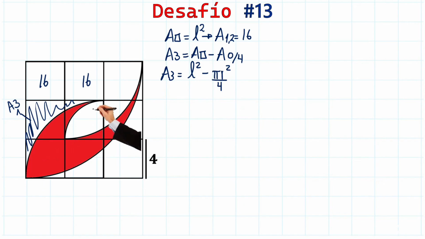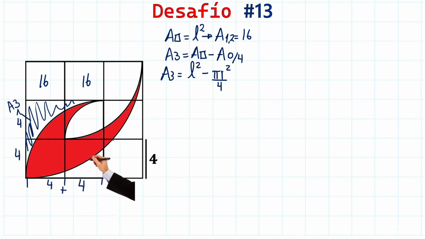The side would be 8, because from here to here we have 4, and from here to here we have 4. So the side is 4 plus 4, which gives us 8. So here we have 8 squared minus pi times radius squared. What is the radius of this quarter circle? The radius is from here to here, so it is also 8.